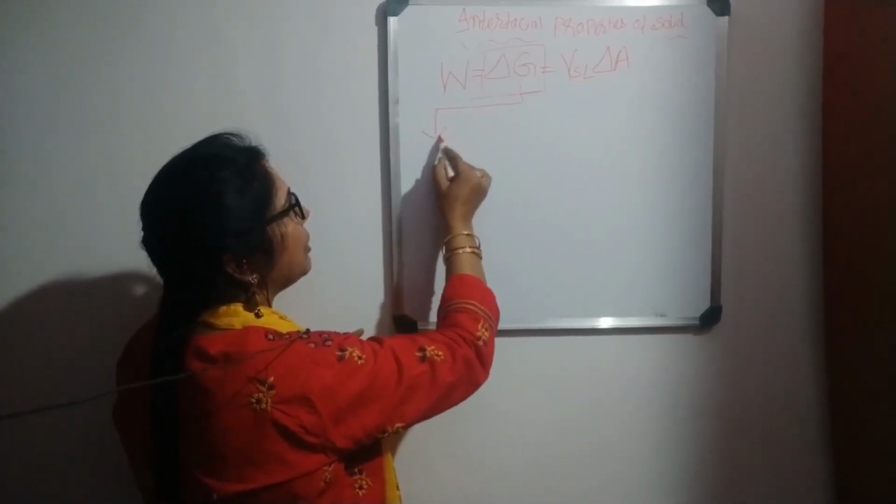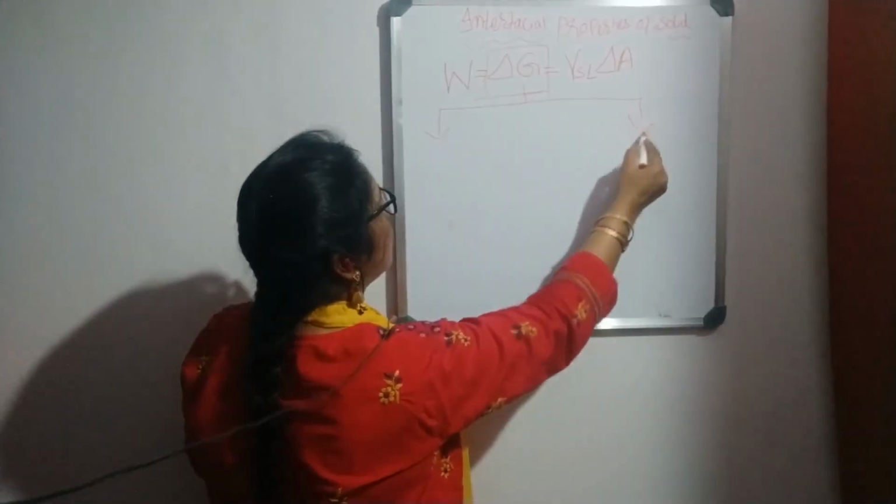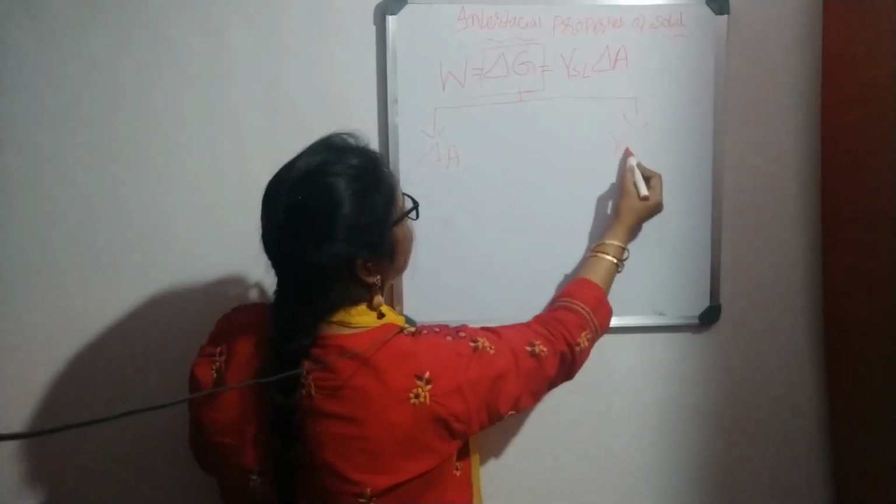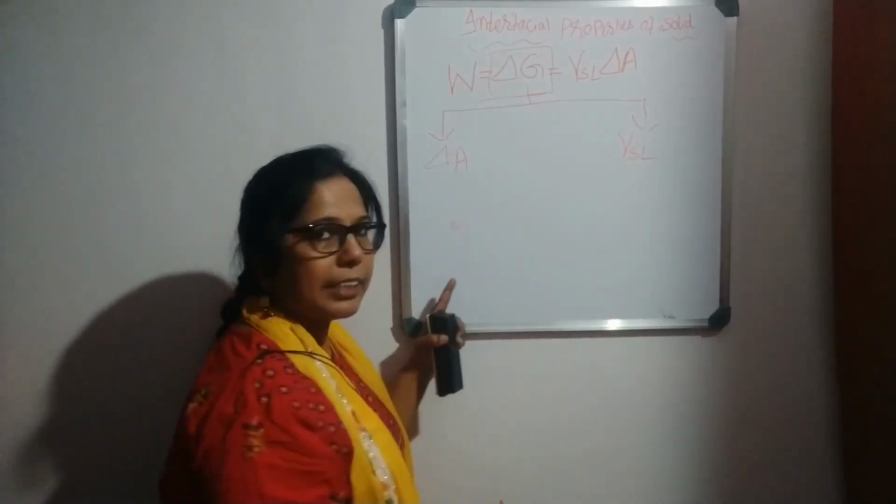We have to consider two points: one is delta A and the other one is gamma SL.